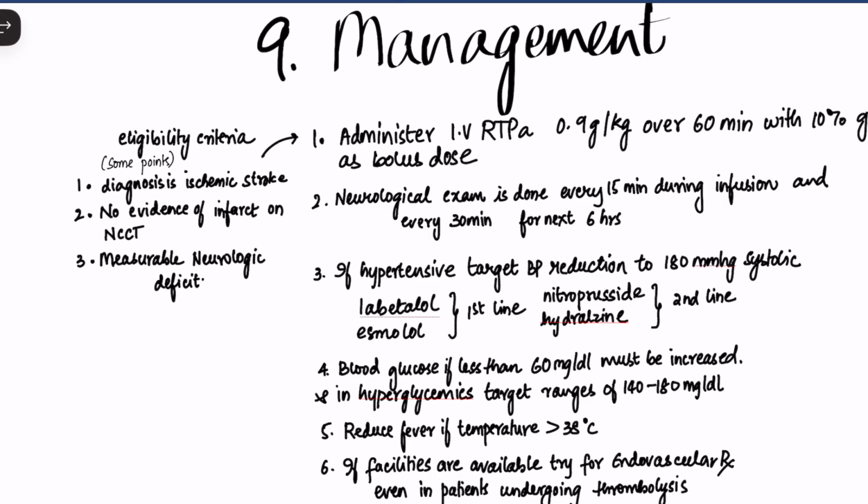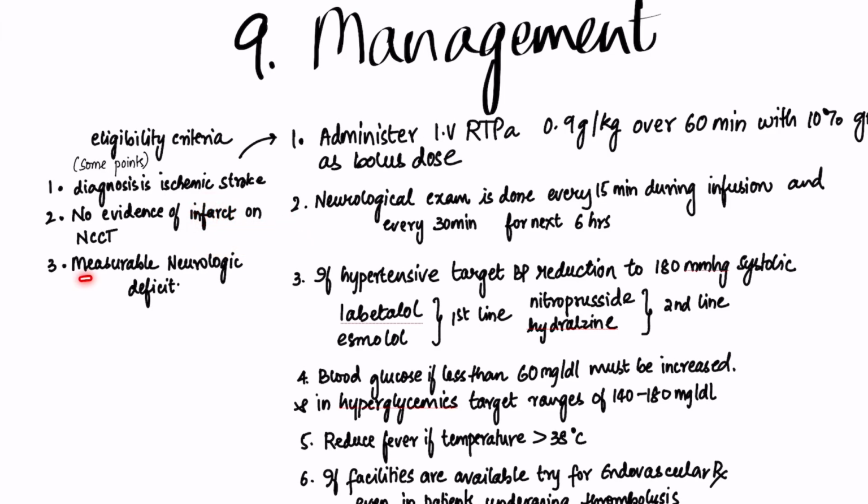The second point that is written here, there is no evidence of infarct on CT, is wrong. It is more likely that it is no evidence of hemorrhage on non-contrast CT, and there is a measurable neurological deficit.